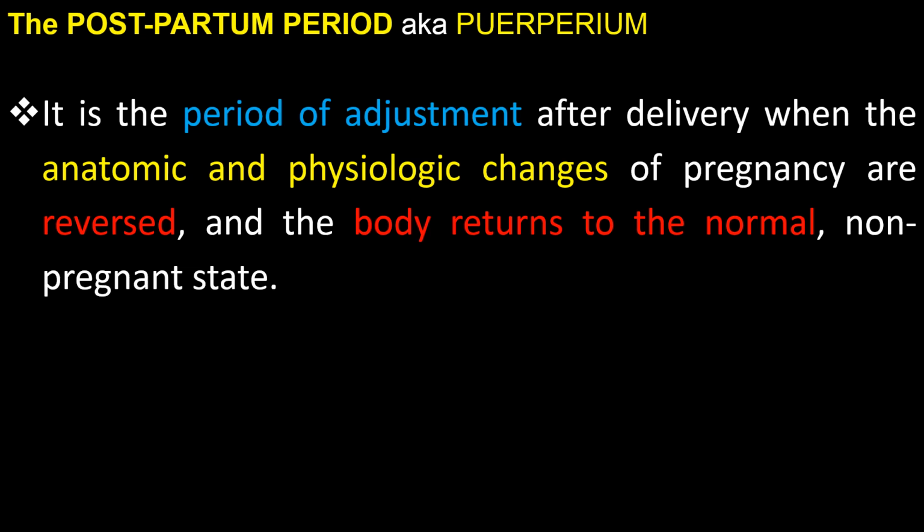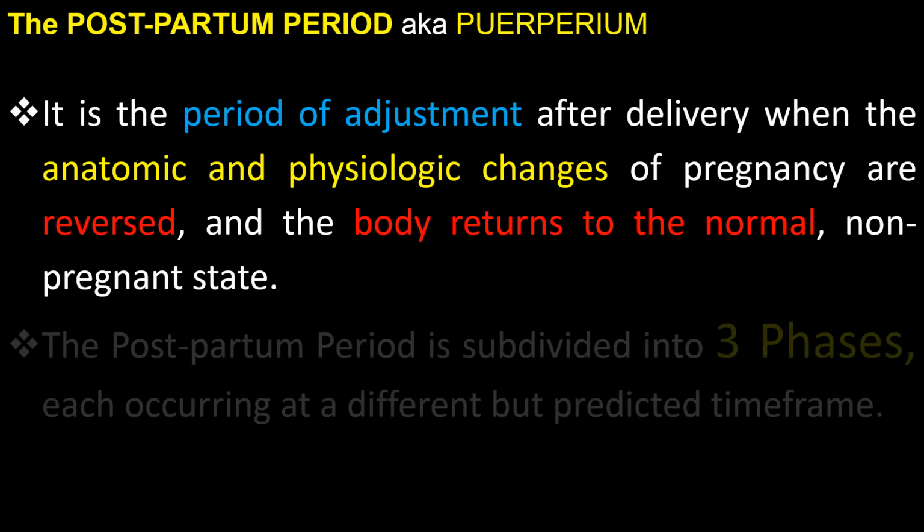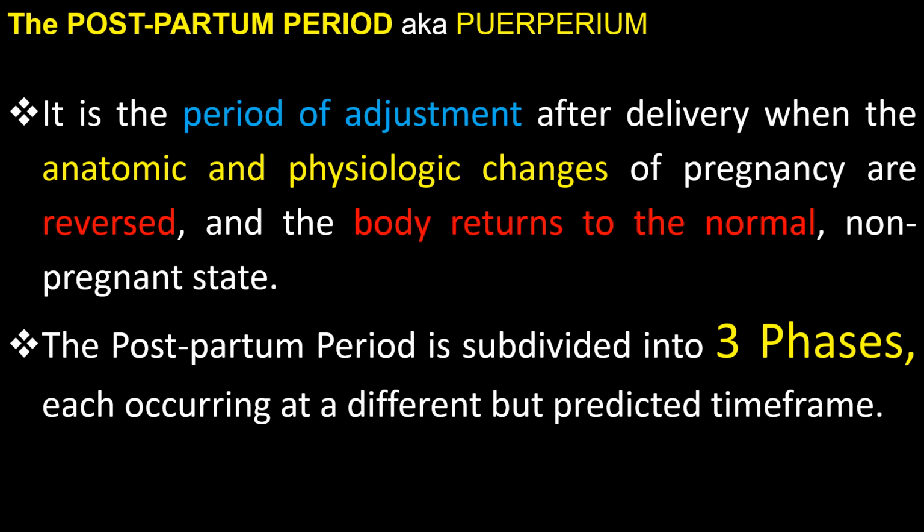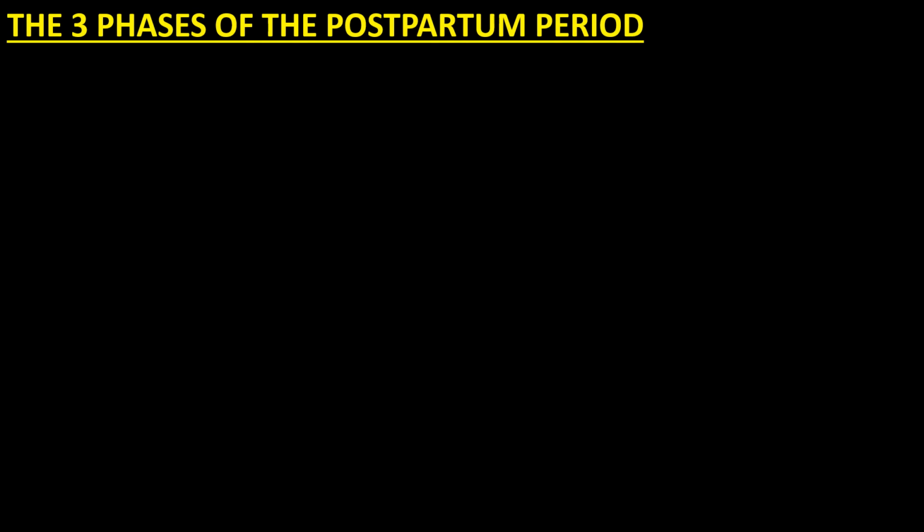And the body now returns to normal and non-pregnant state because the mother is not anymore pregnant after the delivery of the baby. In the postpartum period, it is subdivided into 3 phases, each occurring at a different but predicted time frame. And what are these phases in postpartum period?